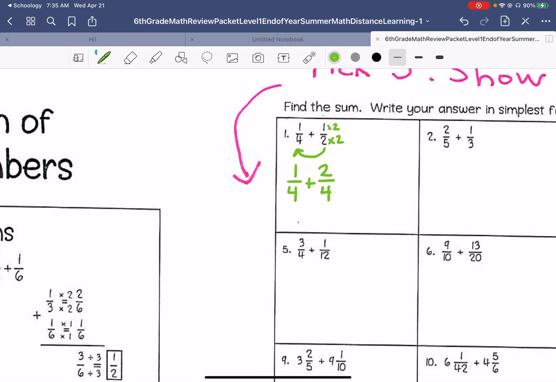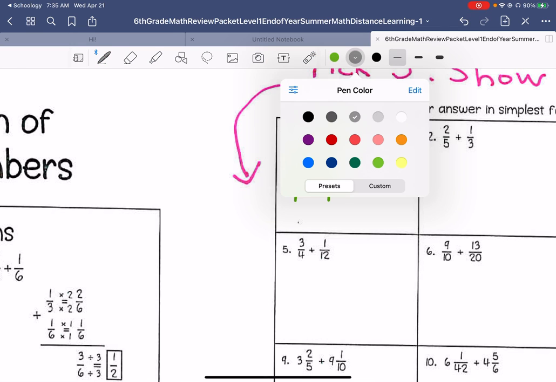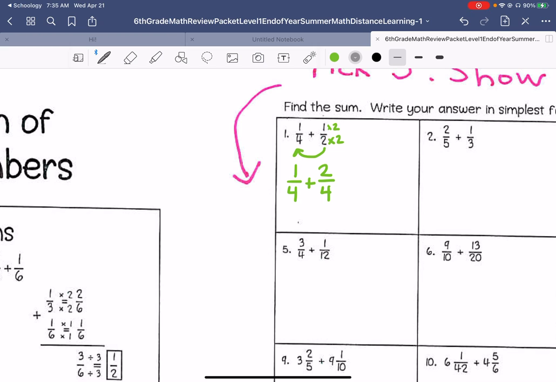Now I'm going to add straight across, and you want to remember you do not add the denominator, that bottom part. So the top 1 plus 2 is 3. Again, the denominator stays the same. 3/4 is your final answer.